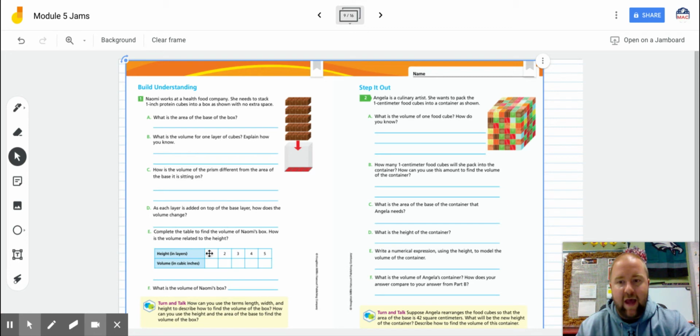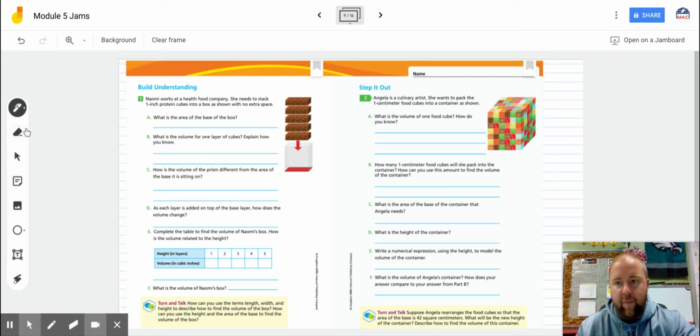So when we look at this table on the bottom here, it says complete the table to find the volume of Naomi's box. How is the volume related to the height? Well, we know that if the height is just 1, that was giving us a volume of 8. If it was 2 of them, you count 8 plus 8, which is 16, or 8 times 2, which is 16. If there's 3 of them, 8 times 3 is 24.